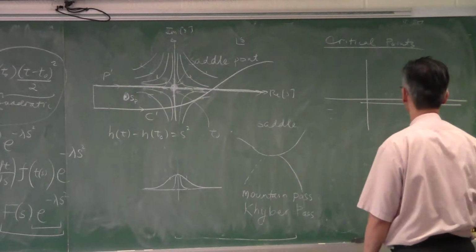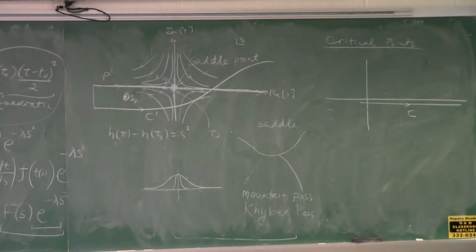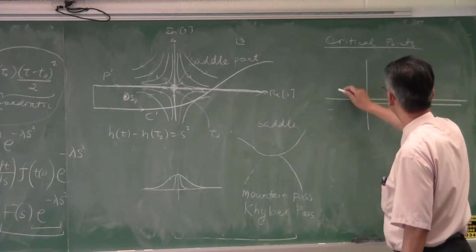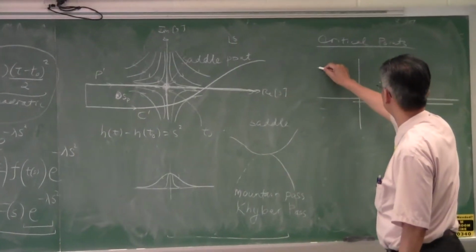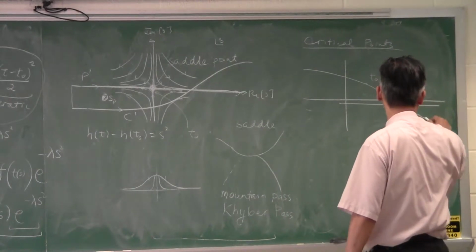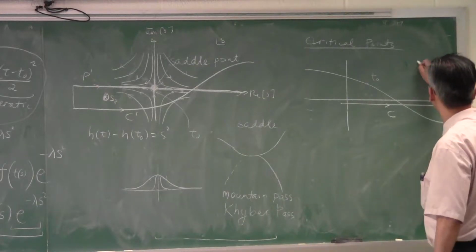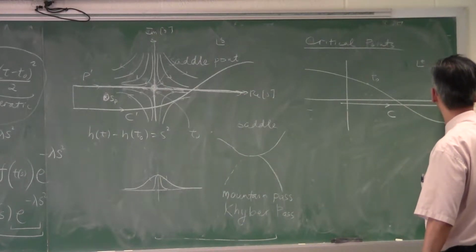That's my C. Okay? I still would have this as my stationary phase point, the saddle point, and then I will have a constant phase path that passes through it. Okay? And then if I do the mapping now, this is the complex t plane.